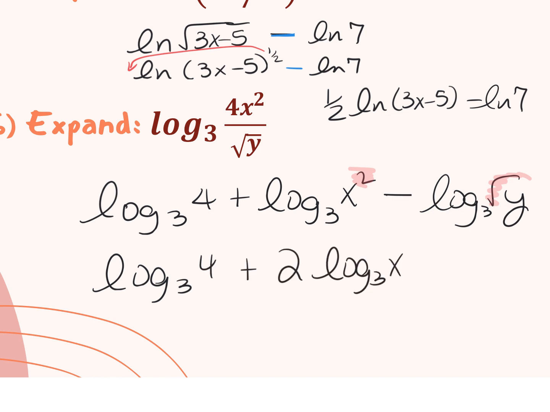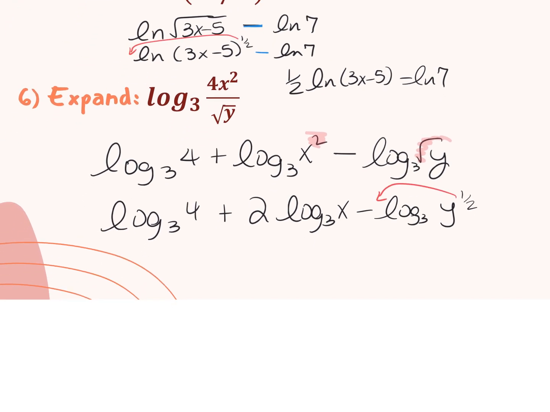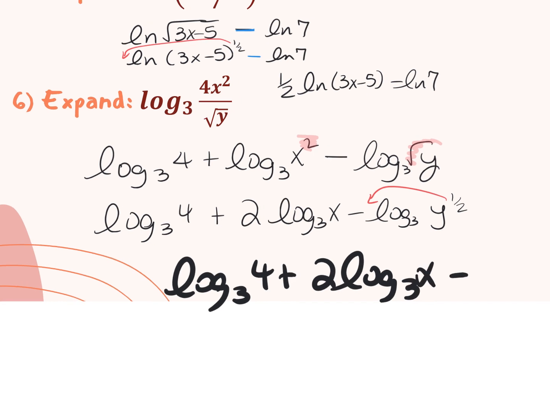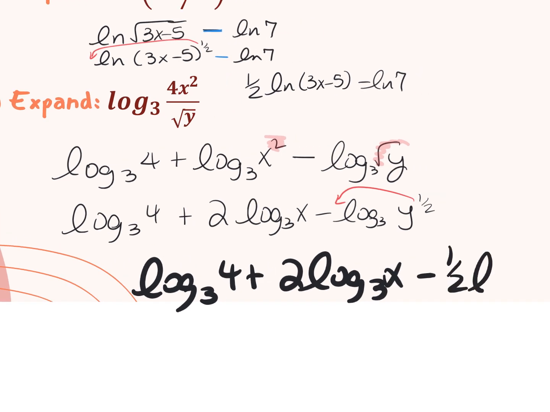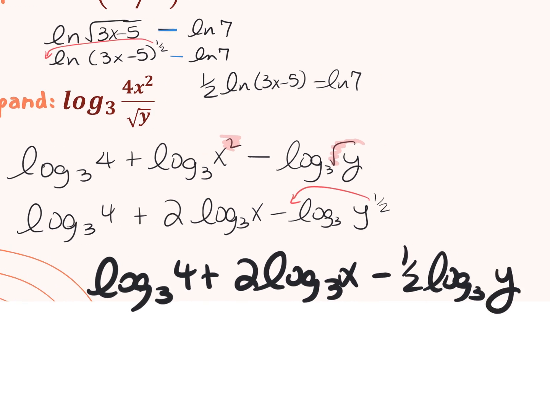Then I can change the square root of y to 1/2, but then I still got to pull the 1/2 to the front. So then now final answer, log base 3 of 4 plus 2 log base 3 of x minus 1/2 log base 3 of y.